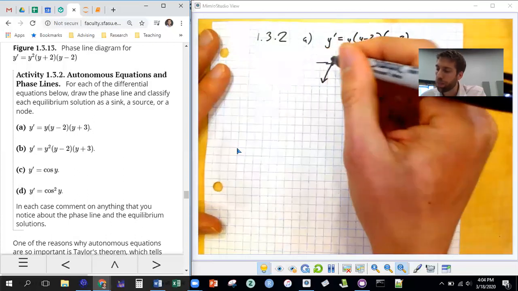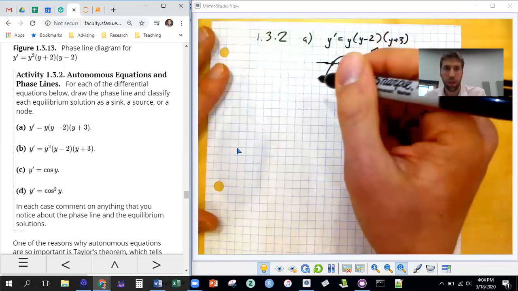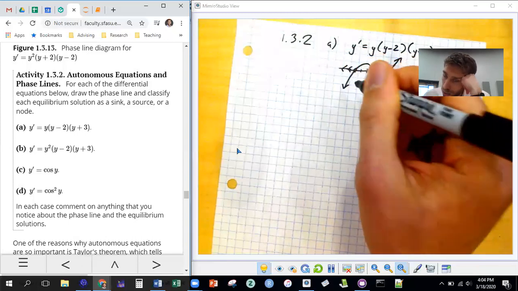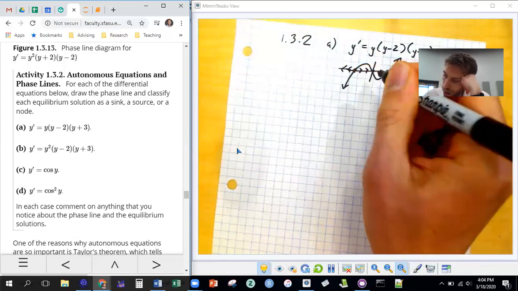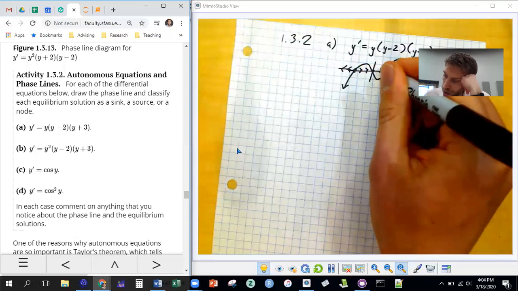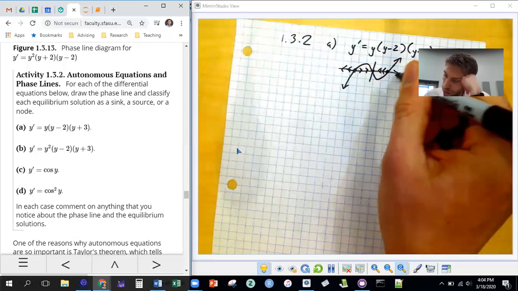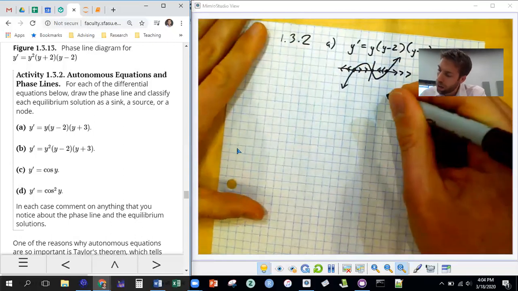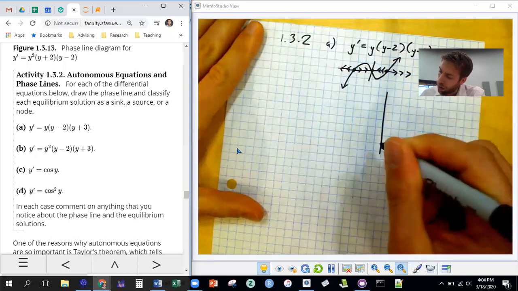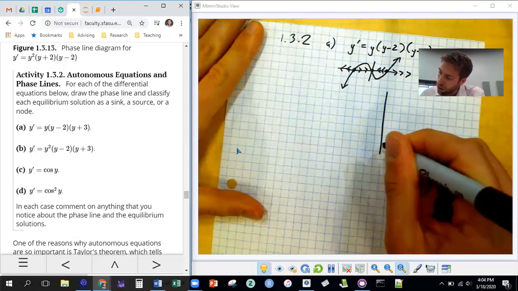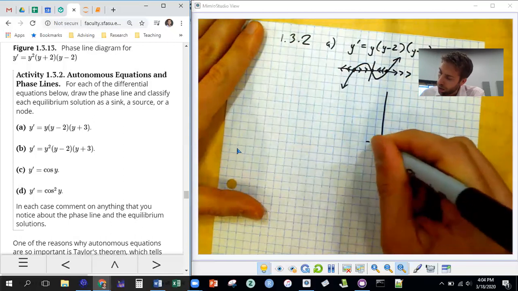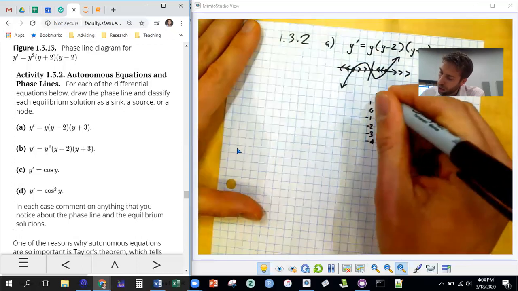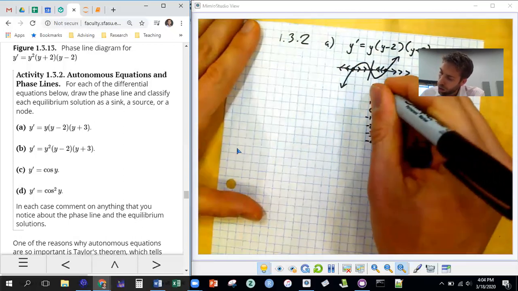So here, y prime, when it's negative, will go even more negative. When it's positive, it will go positive. Then I can turn that on its side, have maybe from, say, -4, -3, -2, -1, 0, 1, 2, 3.